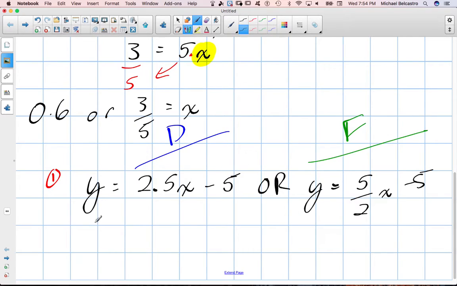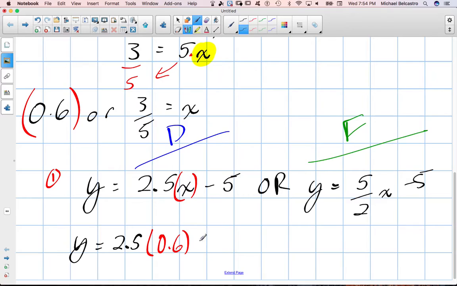Okay. So on this side, y is equal to 2.5, and like I said, we're going to replace x with our decimal value here. So 2.5 times 0.6 minus 5. And again, we're still isolating for y. Y has already been put to one side, and all we have left is constants on the other.